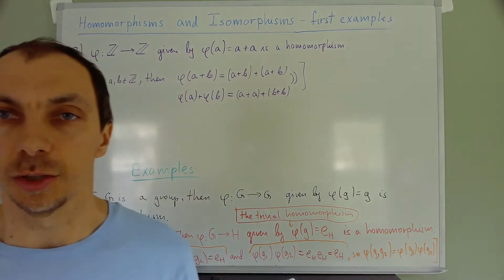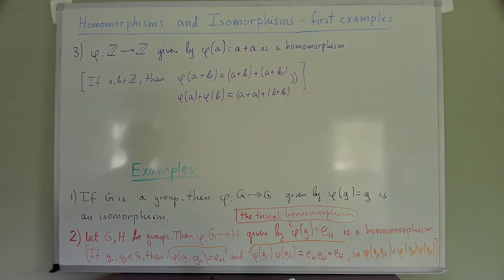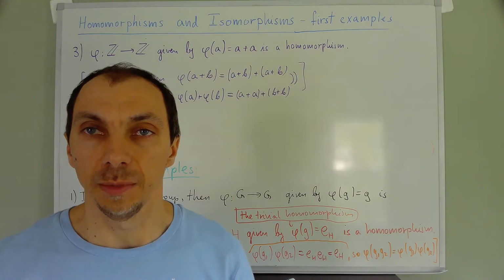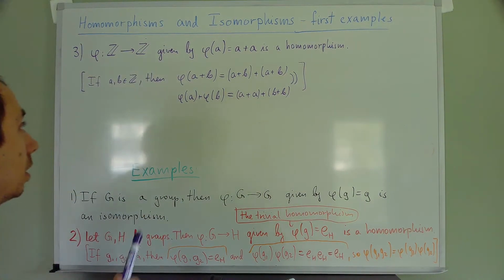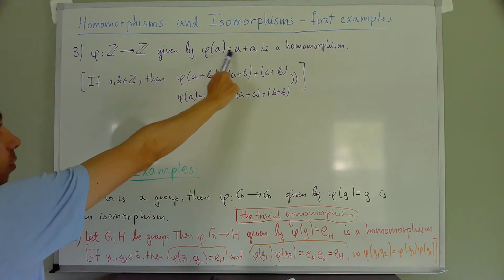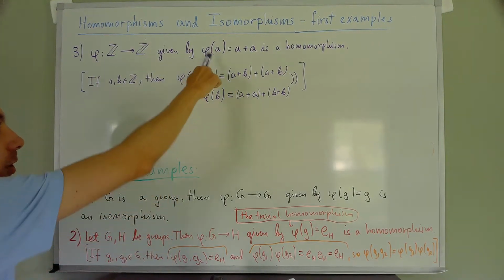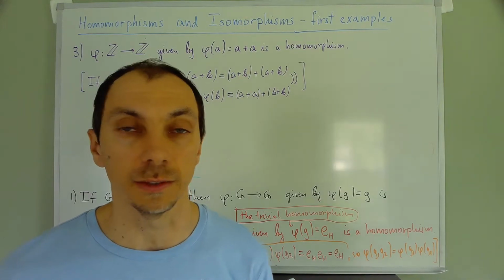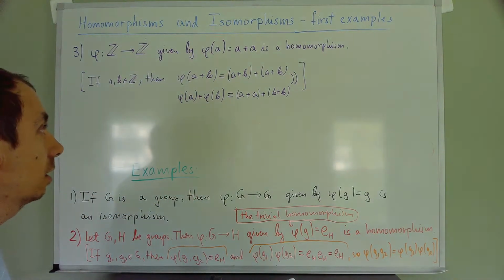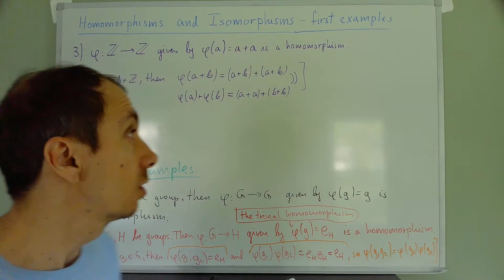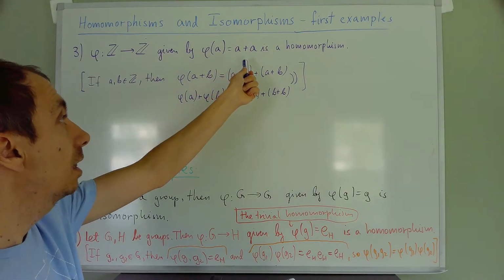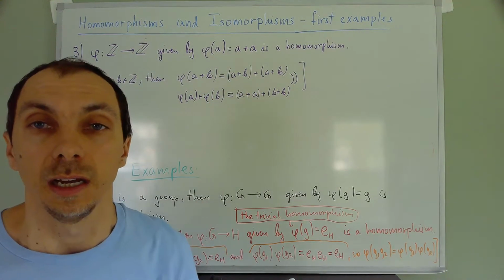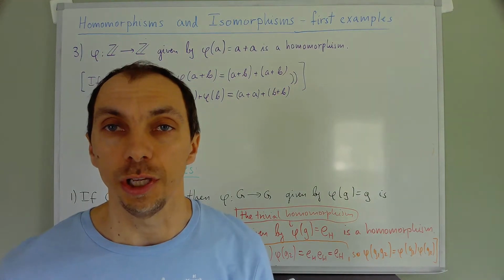Let's check if it's an isomorphism. Is it injective? Injective, remember, means different elements go to different elements. Different integers, when I multiply them by 2, go to different integers. So surely it's injective. Is it surjective, though? No, it's not surjective, because the only things I can get in the range are even integers.